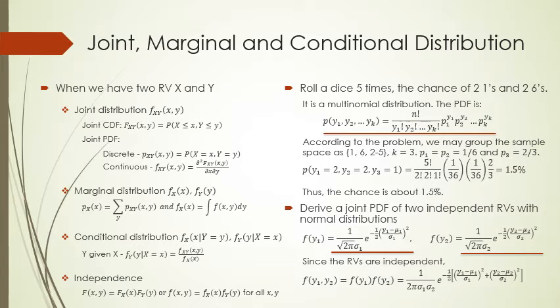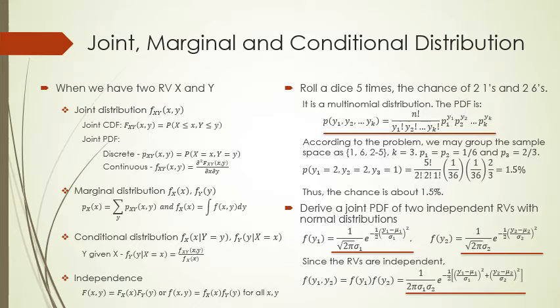Since y1 and y2 are independent, we know the joint distribution fy1,y2 is fy1 multiplied by fy2, and this is the joint probability density function, known as the bivariate normal distribution.